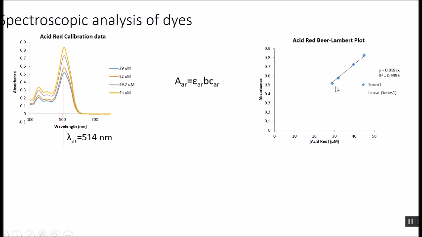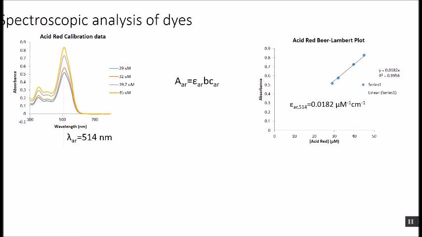Now if I fit this data to a line, I'll get a line the slope of which should be the molar absorptivity times the path length. So since our path length was 1 centimeter, our molar absorptivity is just the slope of the line. So 0.0182 was the slope, and that's our molar absorptivity at this particular wavelength.